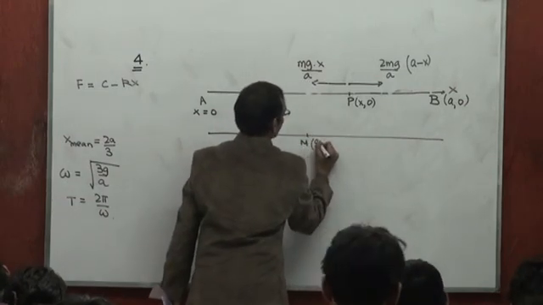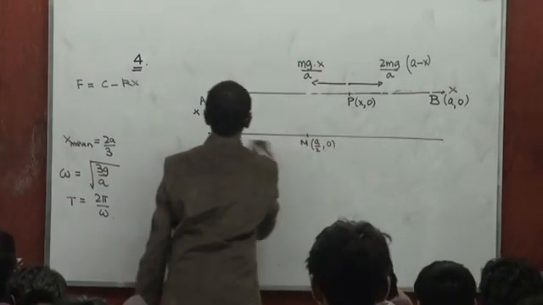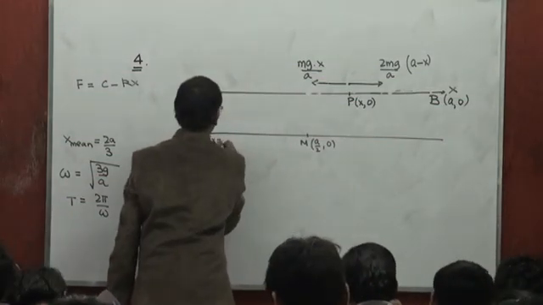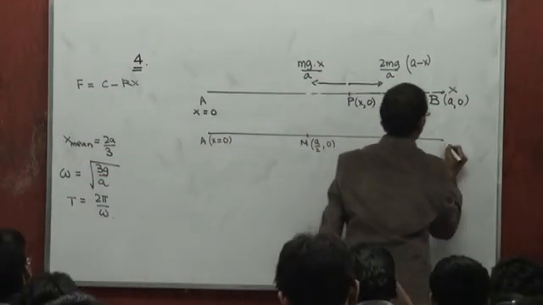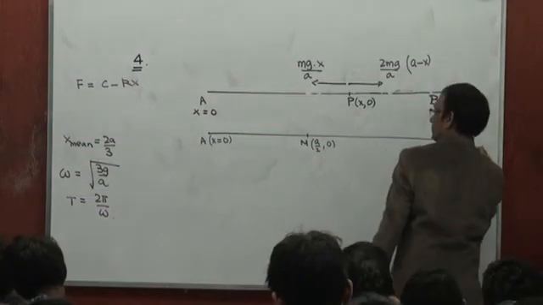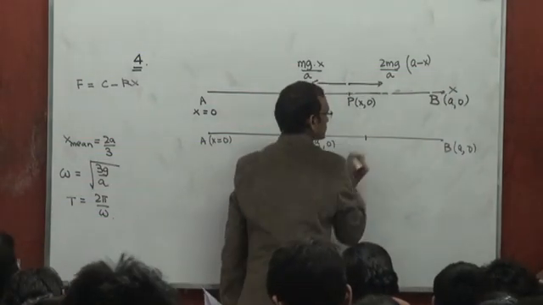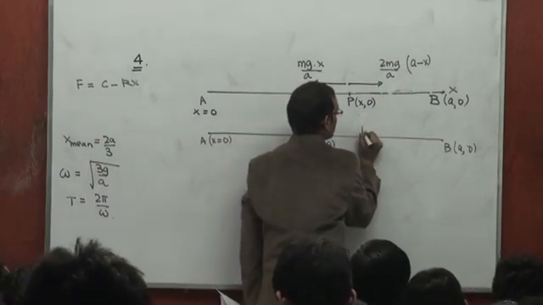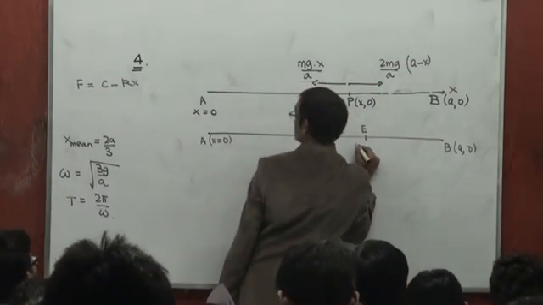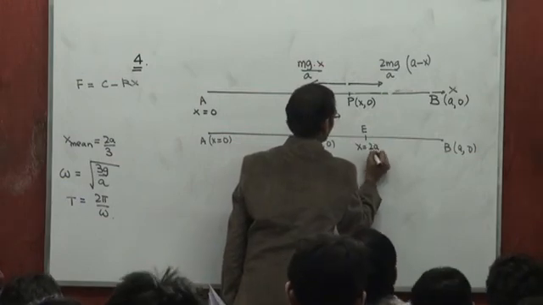Midpoint means a by 2, 0. It's at rest, and the equilibrium position, call it E, which is x equal to 2a by 3.